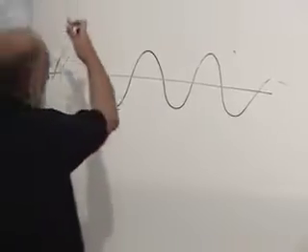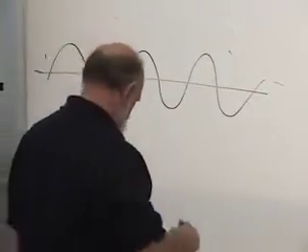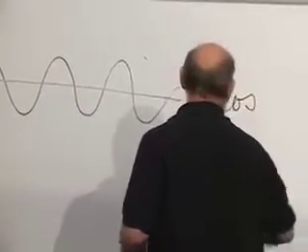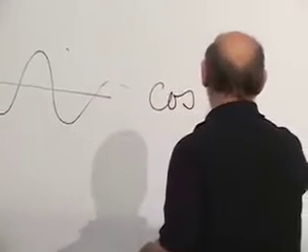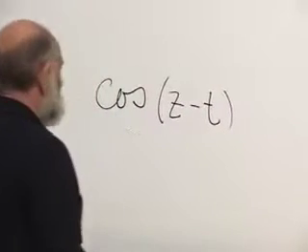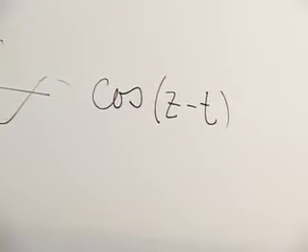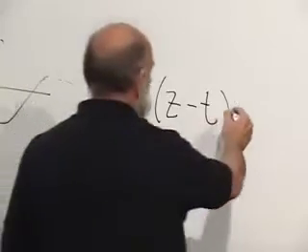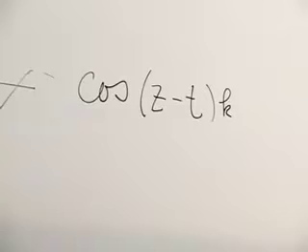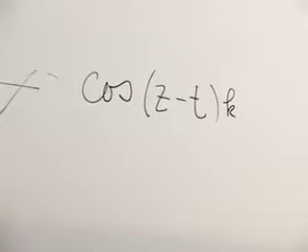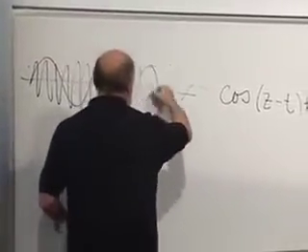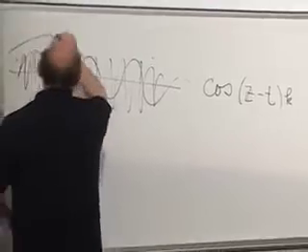So, for example, a wave of this type moving off to the right would be a solution of the wave equation which has the form cosine of z minus t, z minus t because it's moving to the right. Furthermore, you can throw in a constant here, usually called k, the wave number. Any constant. The bigger the constant is, incidentally, the shorter the wavelength of the wave. So if k is big, the wave looks like this. If k is small, the wave looks like this.